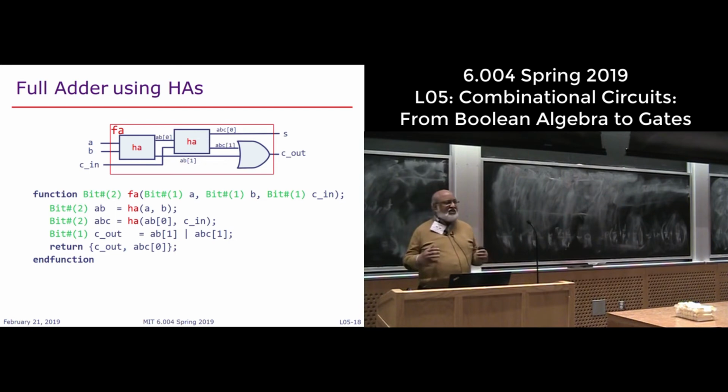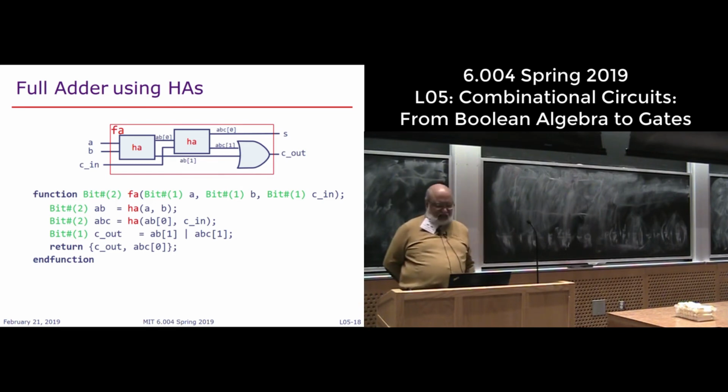And what do I feed in the second half adder? One of the arguments is going to be C in, but what is the other argument? Whatever carry you got from the first place. And that is what is shown here, and the description is given here, which is very, very close to the picture that is drawn above it.